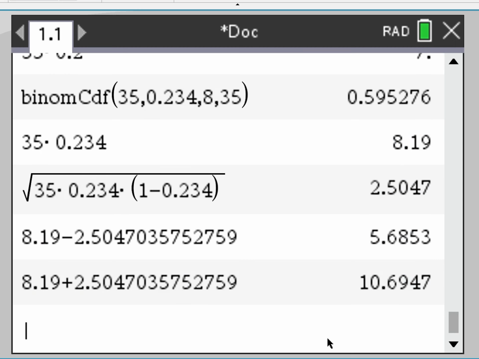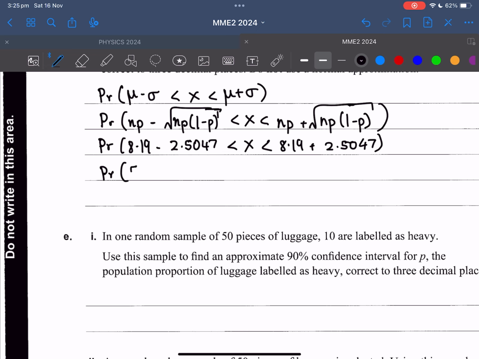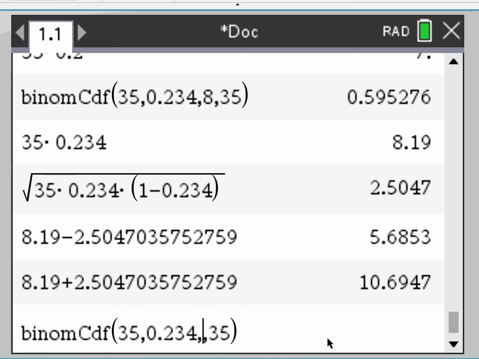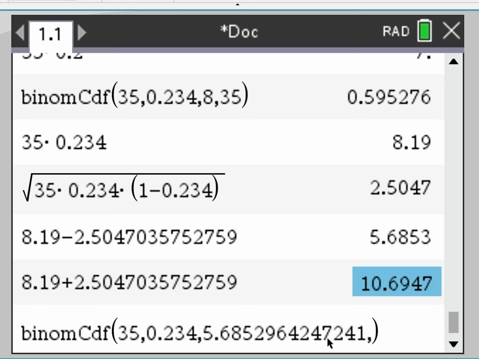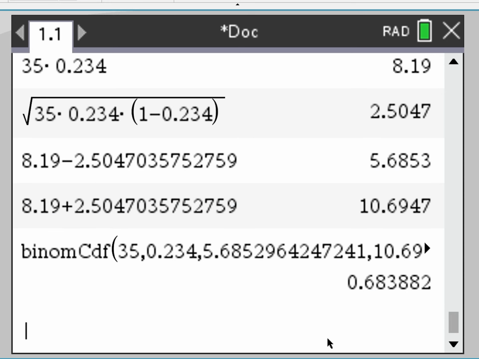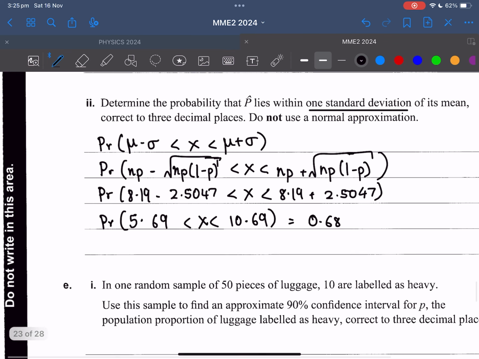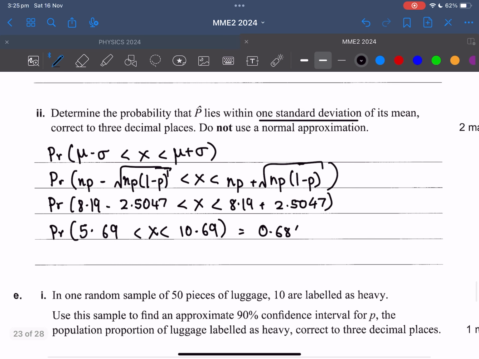So we are finding the probability that x is between 5.68, maybe 5.69, less than x less than 10.69. And now we just have to use the binomial distribution to find our probability. So the probability which is 0.68, was it 3 decimal places, 0.684.